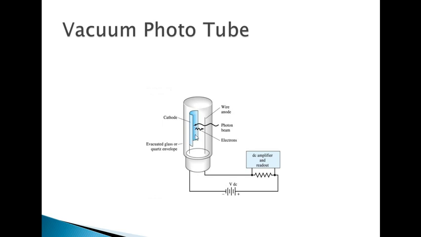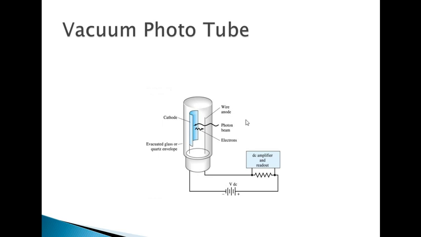Electrons are negative charge carriers, and they are attracted towards the anode, which is positive. The energy they need is provided by the photons.